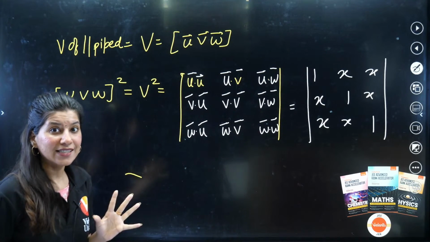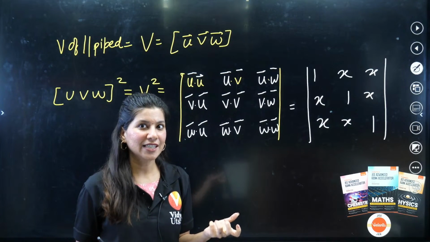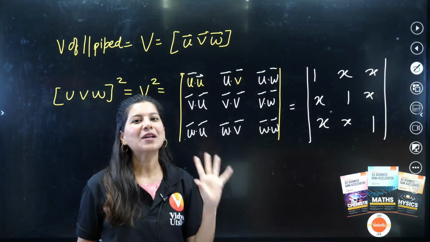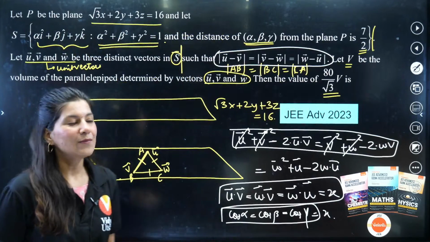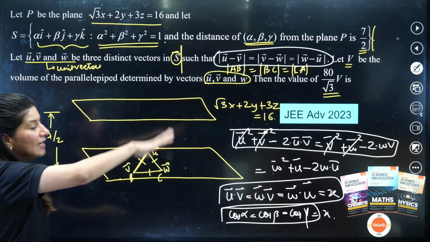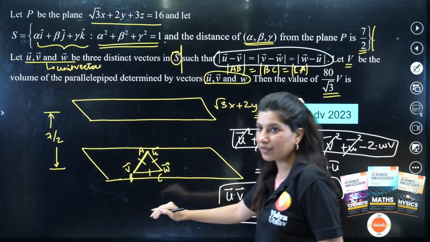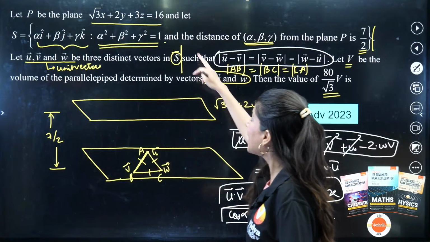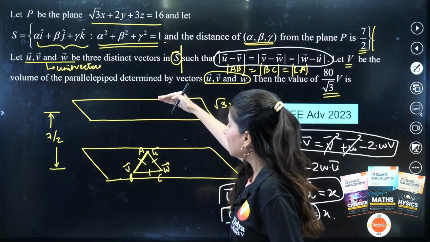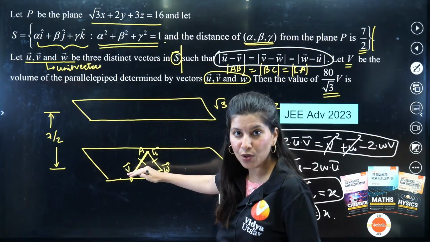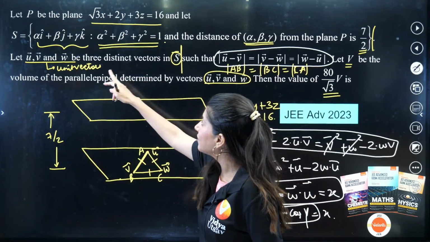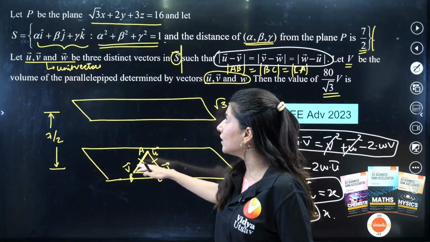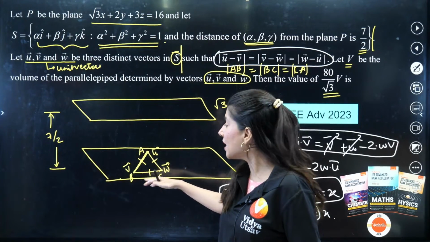Now to get the value of X, it looks like only the value of X, but it is not that easy a job. So we need to understand the whole visualization over here. Let me come back to the question now. We had a plane P, which is at a distance 7 by 2 from this alpha, beta, gamma point, and we have understood that all these points alpha, beta, gamma lie on the plane.